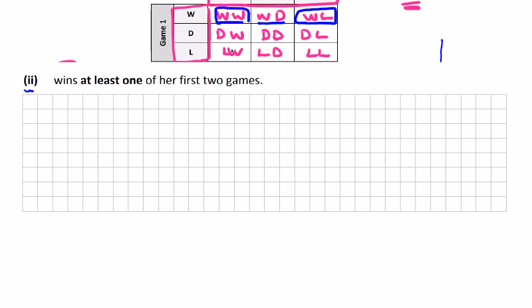So I'm just going to circle them. That's winning one of the first 2. So is that, so is the third one we've already circled. This one, she wins her second one. This one, she wins her second one. And none of the others have a win. So it's going to be 5 out of 9 is the probability that she'll win at least one of her first 2 games.